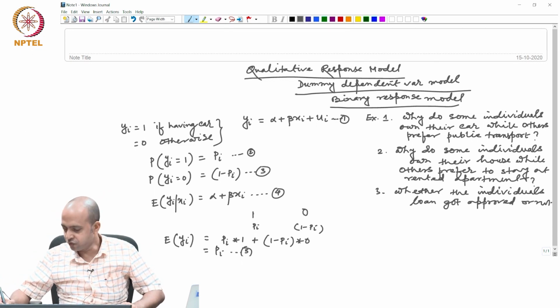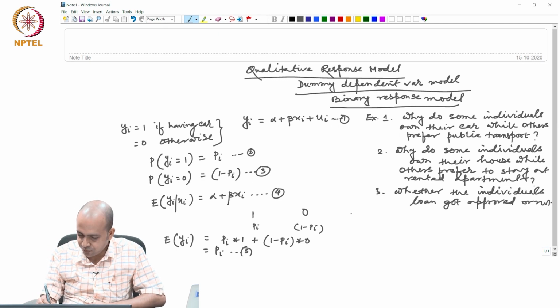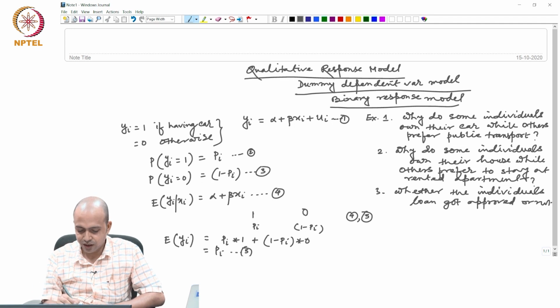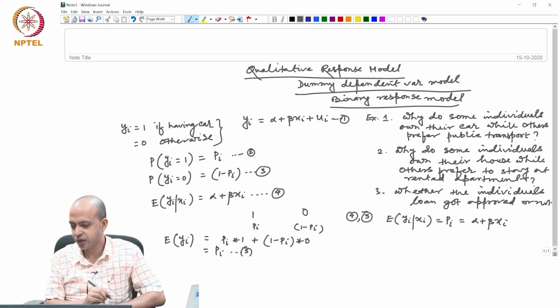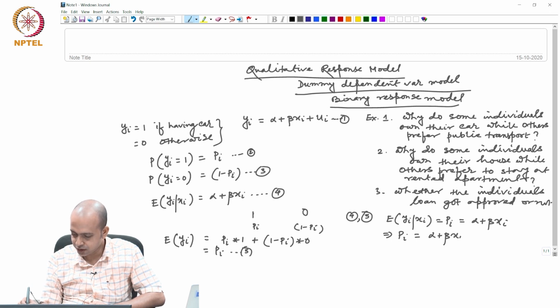Now, combining 4 and 5, expectation of yi given xi equals pi, and that again equals alpha plus beta xi. So this implies pi equals alpha plus beta xi.